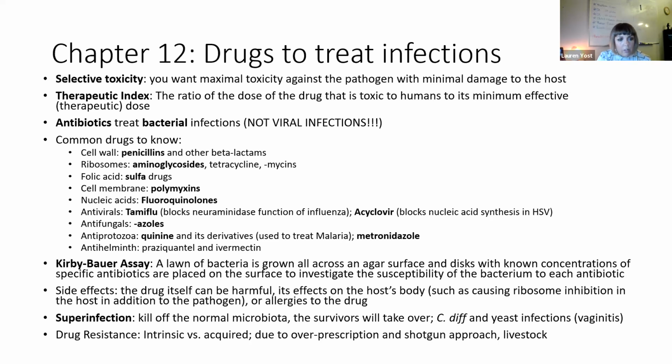If it ends in floxacin, for example ciprofloxacin, those are going to be our DNA and RNA inhibitors, basically medications that treat that way. All right, so those are the antibiotics.